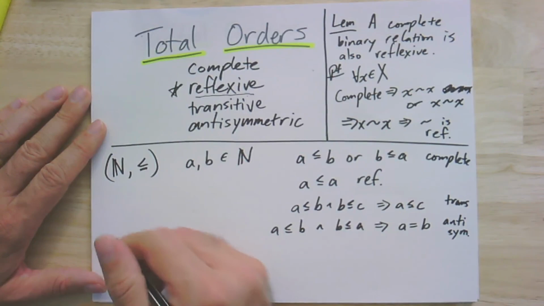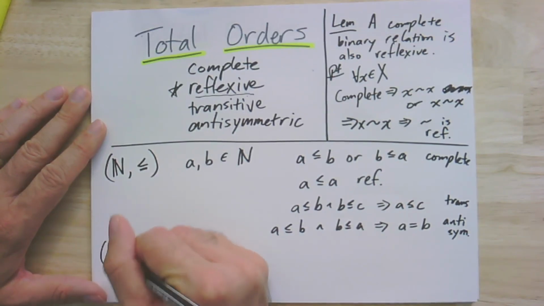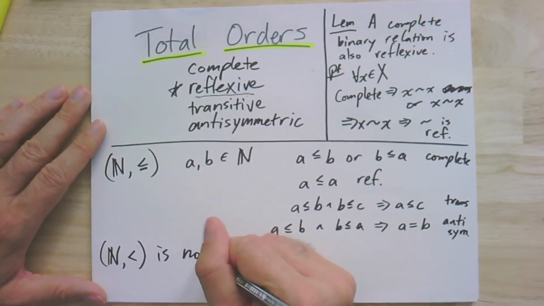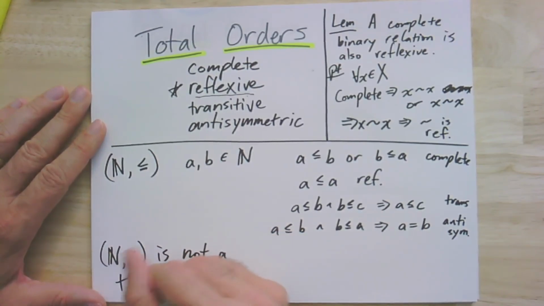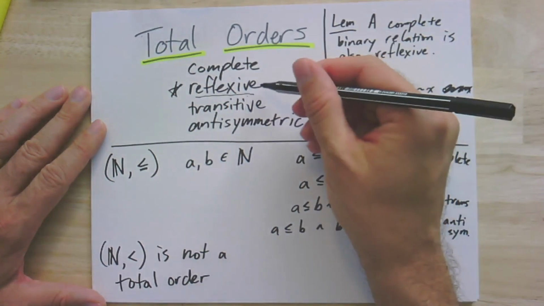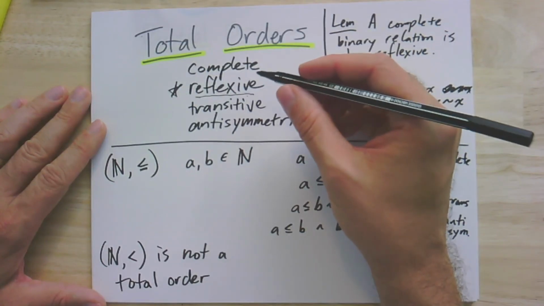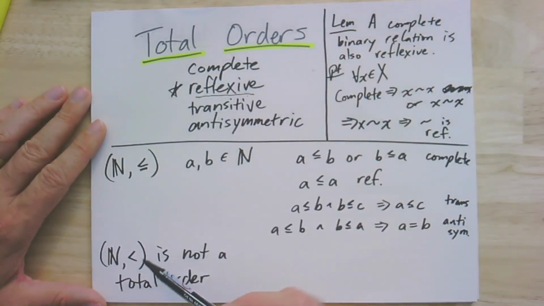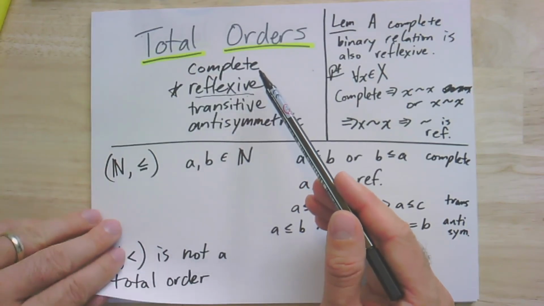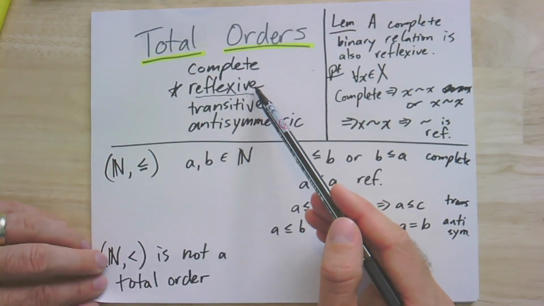And actually, if you took, say, the strict less than, this is not a total order, which seems a little weird, perhaps. It is sometimes called a strict total order, but according to the definition, it's not a total order because it's not reflexive. You might think this is a better example, but really this completeness is important. So if I have completeness, I'm definitely reflexive.